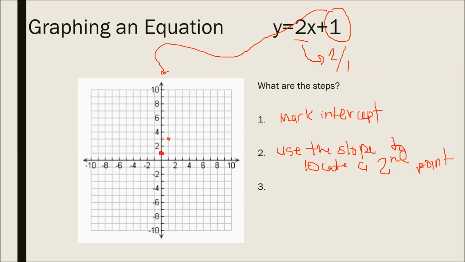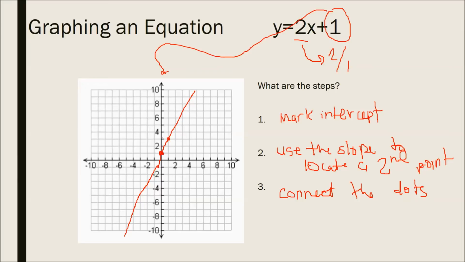And then my third step is to connect the dots. Again, I'm freehanding this. It looks something like this. So there I've freehanded graphing an equation, going through our steps.